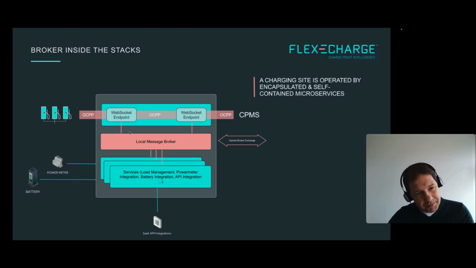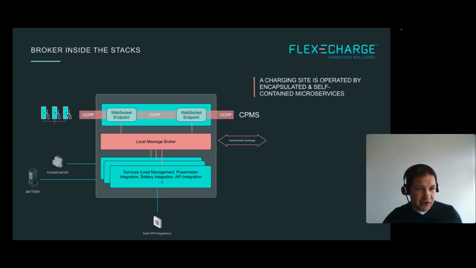And one of the core components of a microservice stack, again, remember, which operates behind a grid connection point, is these local OCPP WebSocket endpoints, which provide data exchange between the charging stations and the CPMS. So that's one of the core elements here.